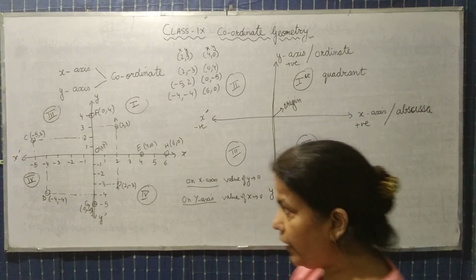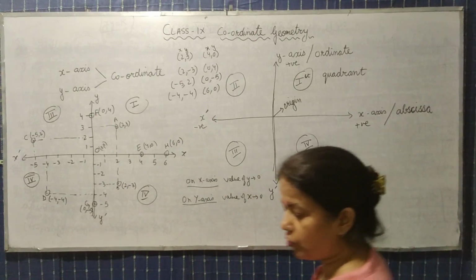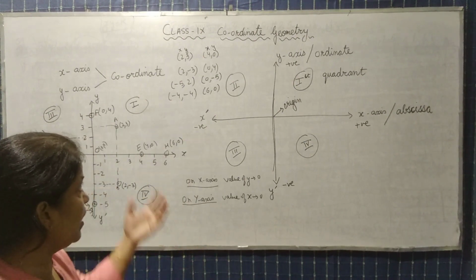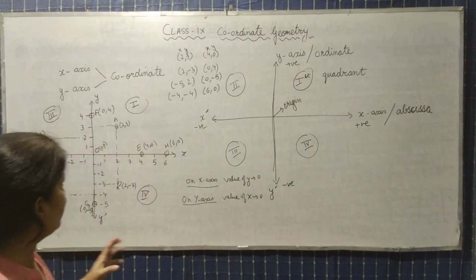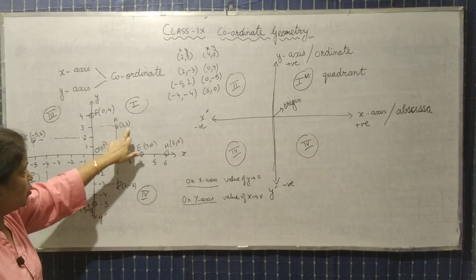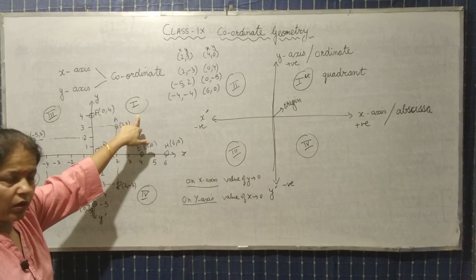Okay. तो अब इस चैप्टर में से आपको कैसे क्वेश्चंस पूछे जा सकते हैं? In which quadrant the coordinate lies? तो आप क्या करेंगे? Try to plot the values like this. जैसे ये 2, 3 है, so it lies in first quadrant.